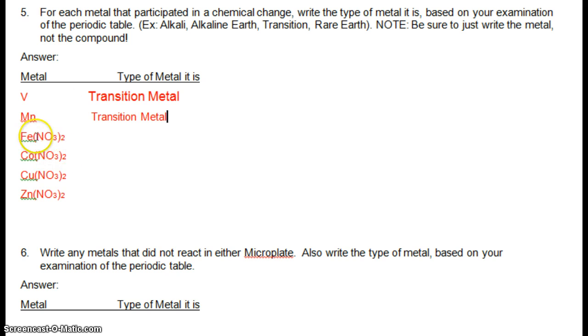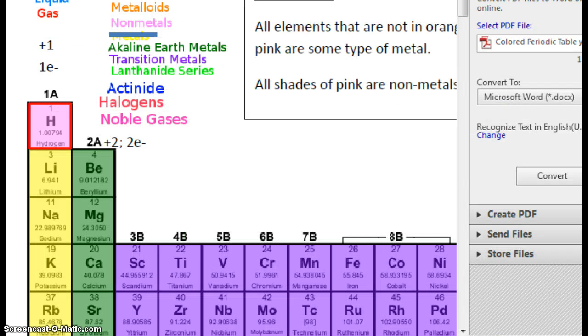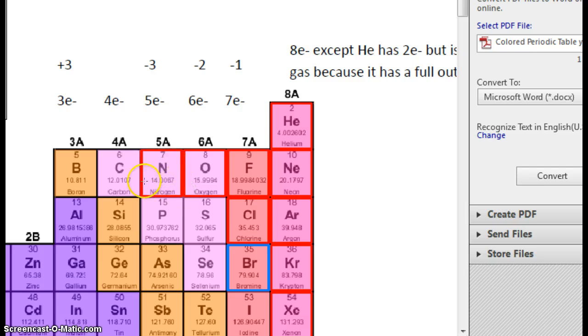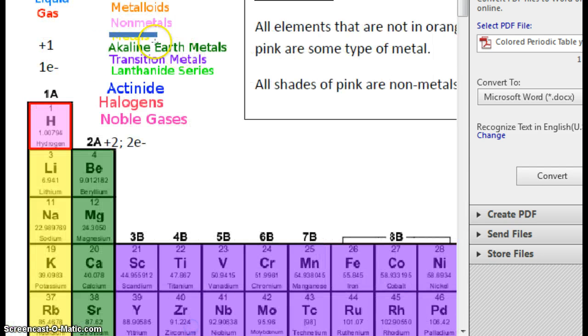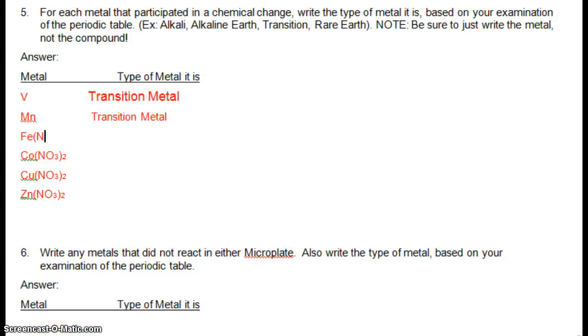All right, let's look at Fe(NO3)2. We know oxygen is not a metal. Let's look where nitrogen is. Nitrogen is over here, and it is pink. So pink are the nonmetals. So it's not nitrogen.